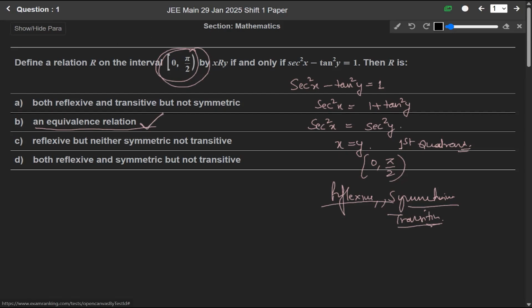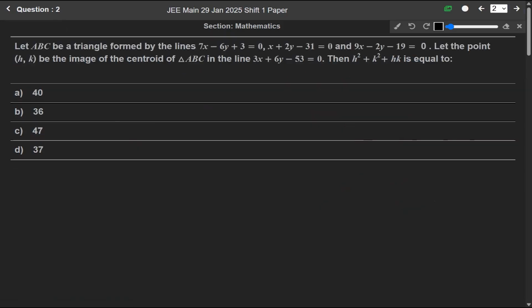Now moving towards the next question. Question 2: Let ABC be a triangle formed by the lines 7x minus 6y plus 3 equals 0, x plus 2y minus 31 equals 0, and 9x minus 2y minus 19 equals 0.